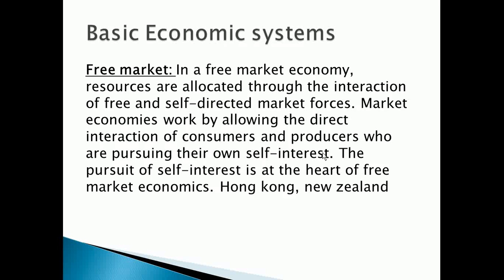A good example is Hong Kong. Another one is New Zealand. Now, this market economy answers the question what to produce. And the question of what to produce is determined by the consumer's preference, taste, choices.